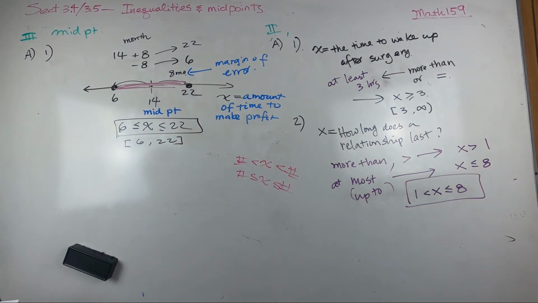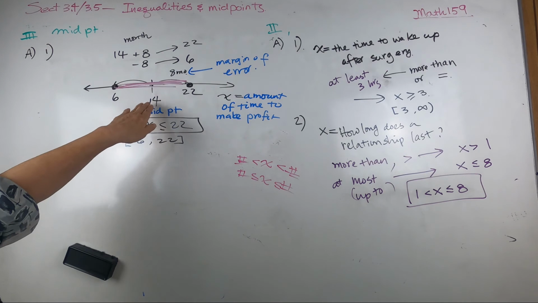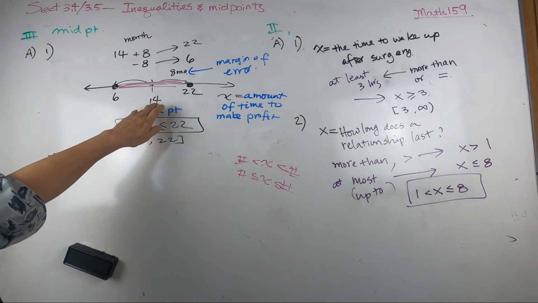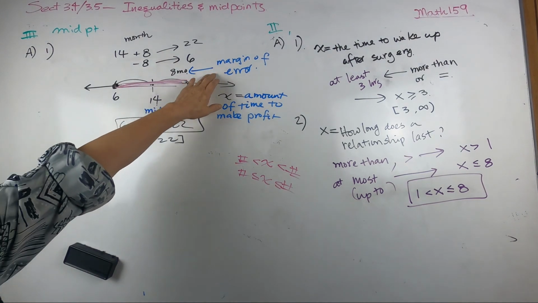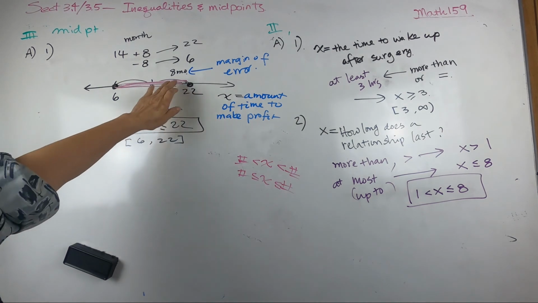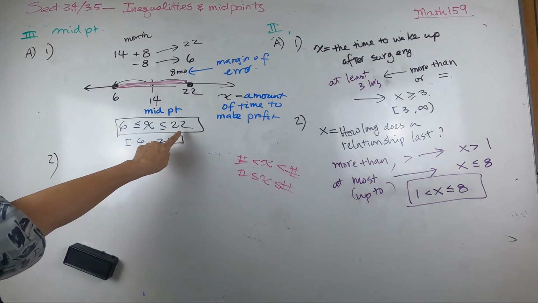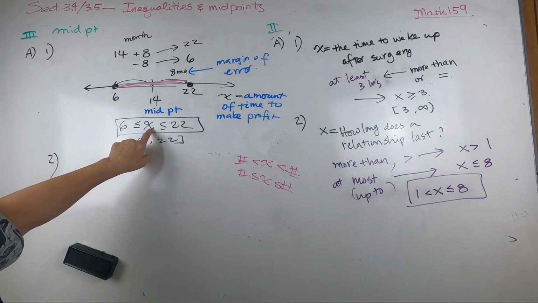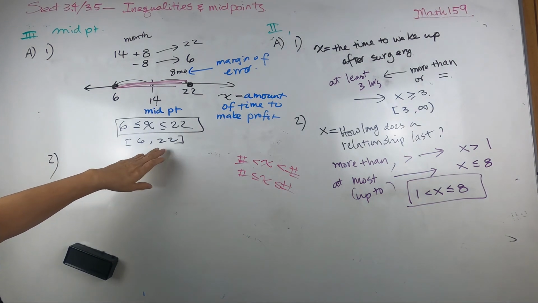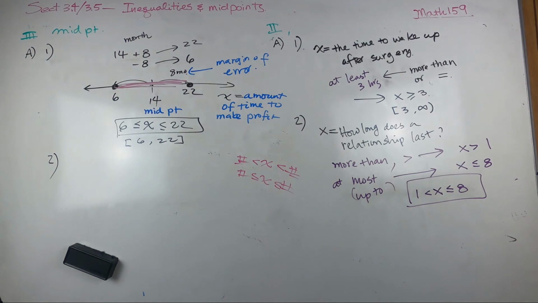That's how you do it. Okay? So we use the midpoint. If we know the midpoint and the margin of error, you can find the upper bound and lower bound. Then you put x in such a way as a trilinear inequality or with interval notation. Okay?